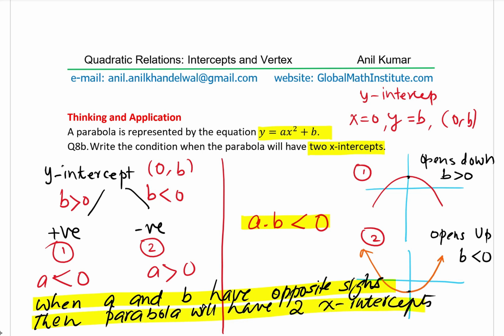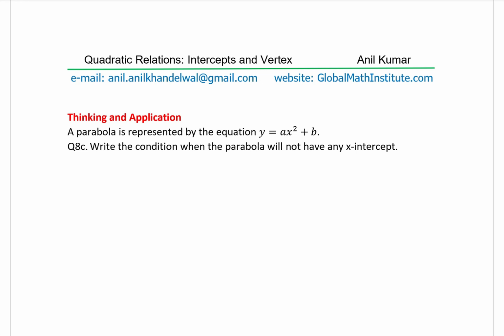Remember and understand. Next question is very much similar to what we just did. I would like you to now pause the video, answer this question. It's again a thinking and application question. A parabola is represented by the same equation we are talking about, which is y equals to ax squared plus b.